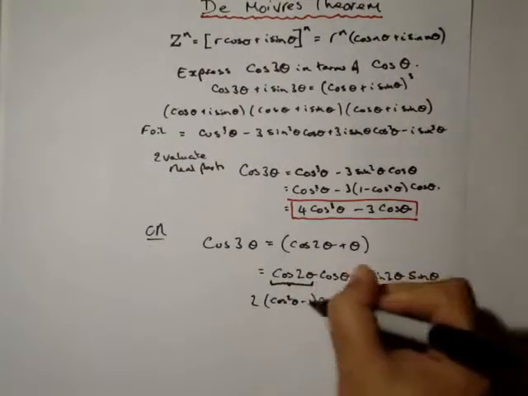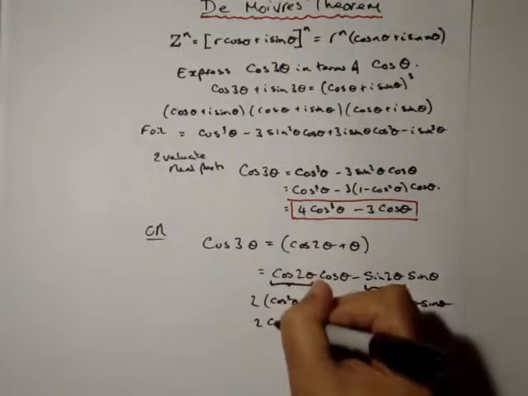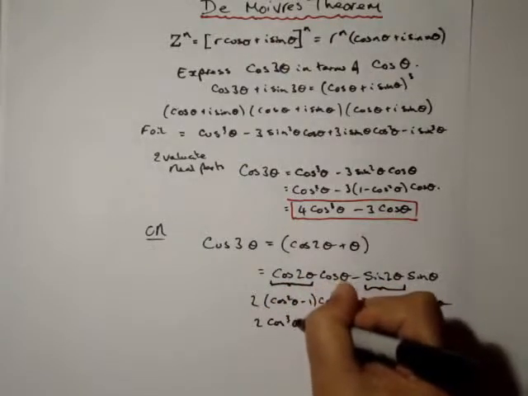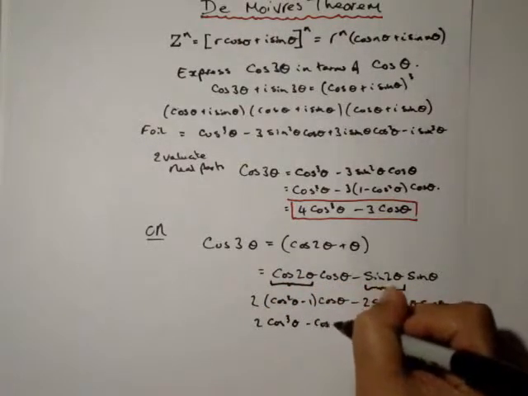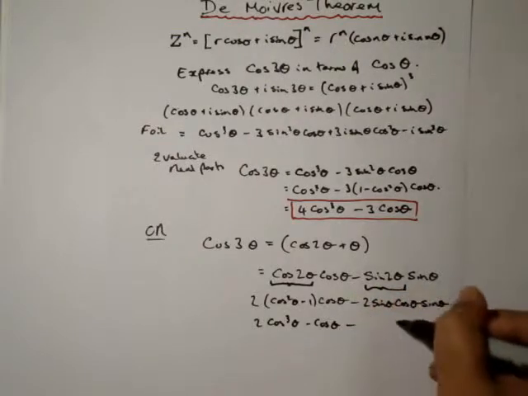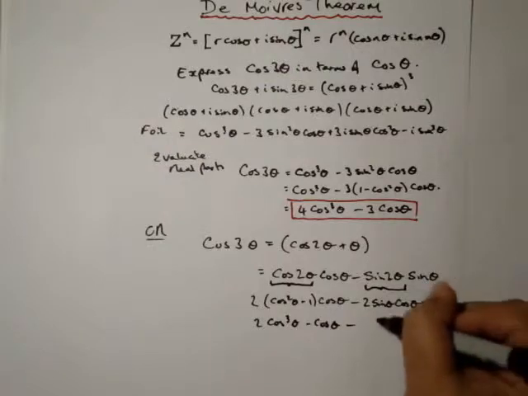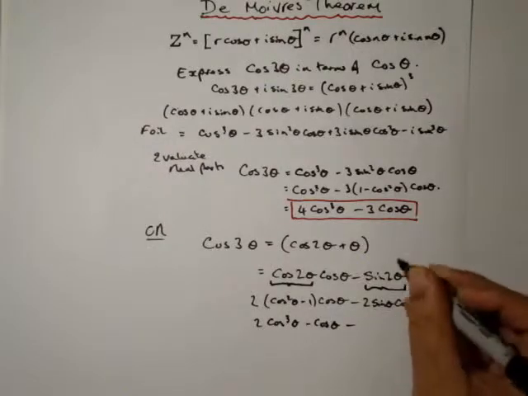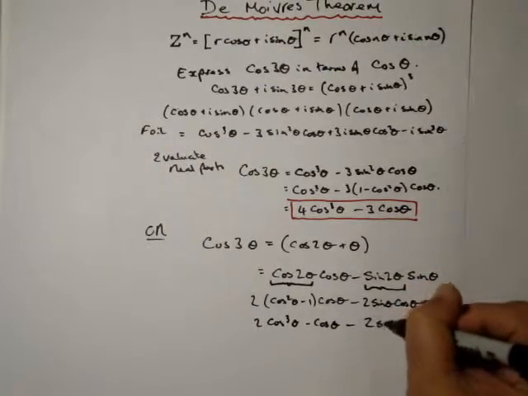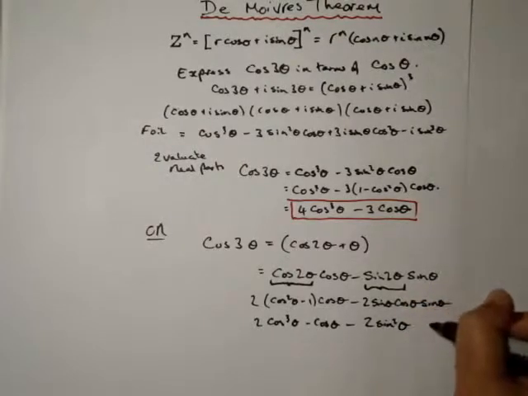When we multiply it out, 2 cos cubed theta minus cos theta minus 2 sine squared theta cos theta.